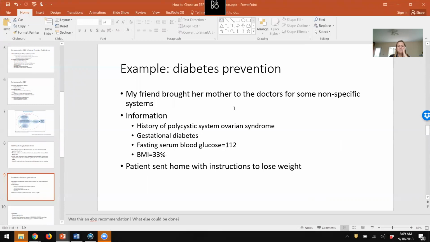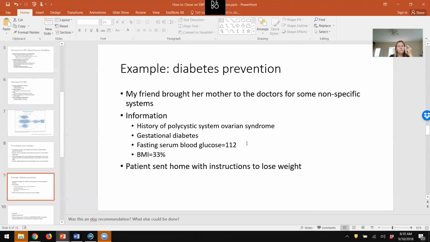And I just had an example here from when I brought my mother to the doctor. She had some labs done, and they showed that her fasting serum blood glucose was 112.